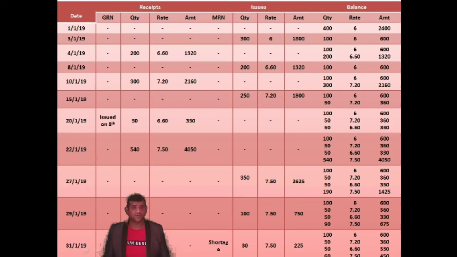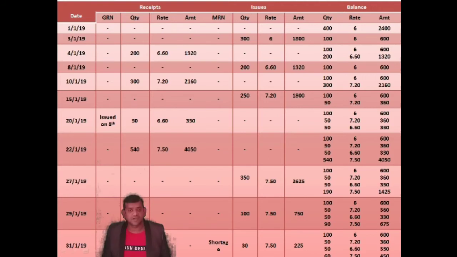We are further moving on to 27th January 2019, where there was an issue. On the receipt side, GRN nil, quantity nil, rate nil, and amount also nil. Under issues, MRN column is also nil, but we have issued 350 units. So under issues, quantity column 350 units at rupees 7.50.